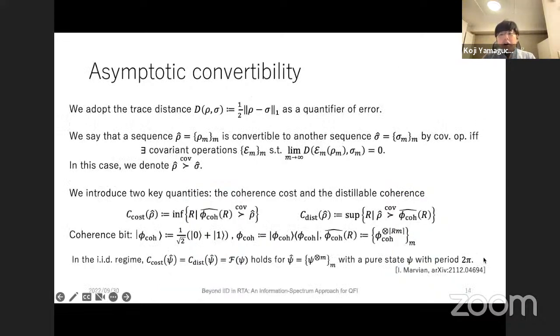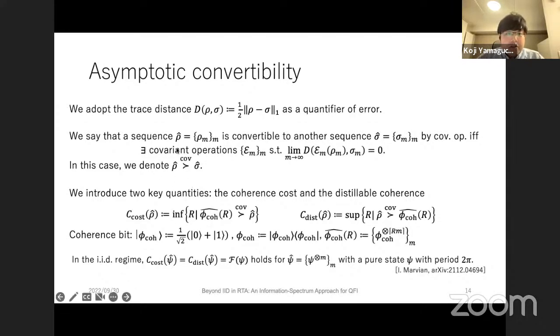Okay. So now we will analyze the asymptotic convertibility with vanishing error in the asymptotic region. We adopt the trace distance as a quantifier of error. We say that a sequence rho is convertible to another sequence sigma by covariant operation if and only if there exists a sequence of covariant operations that maps state rho to sigma with vanishing error in the asymptotic region.